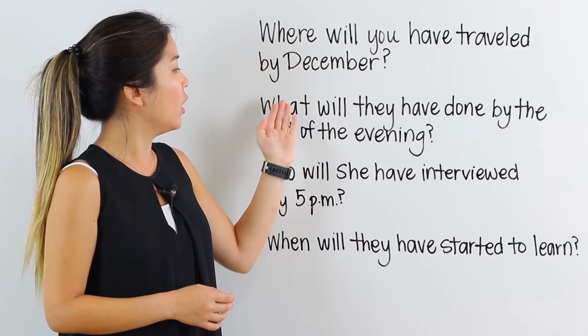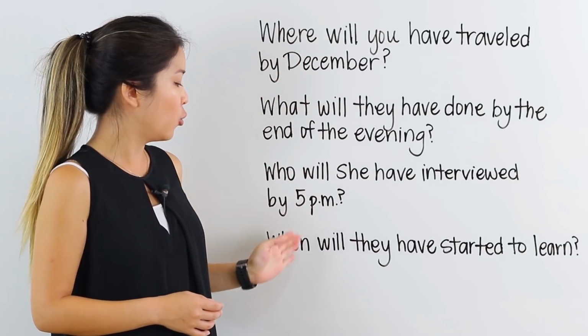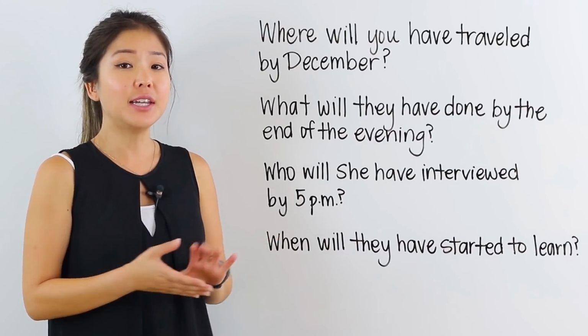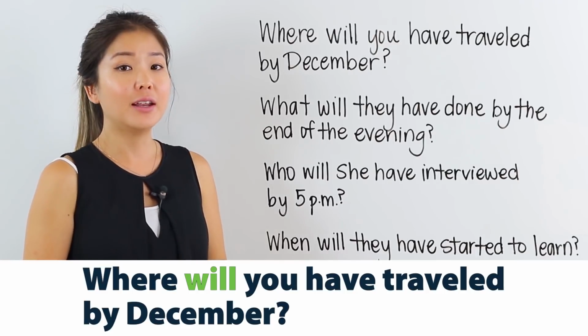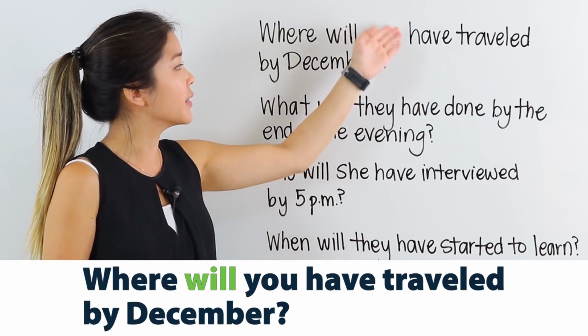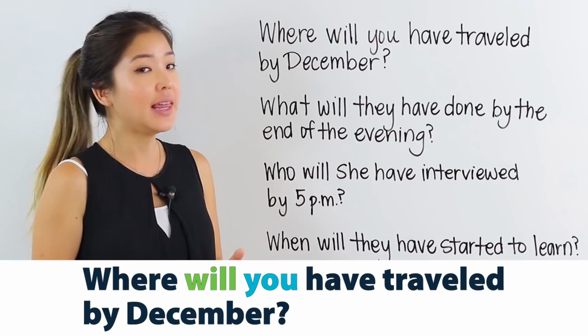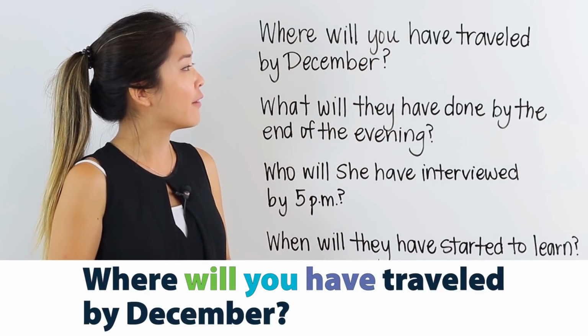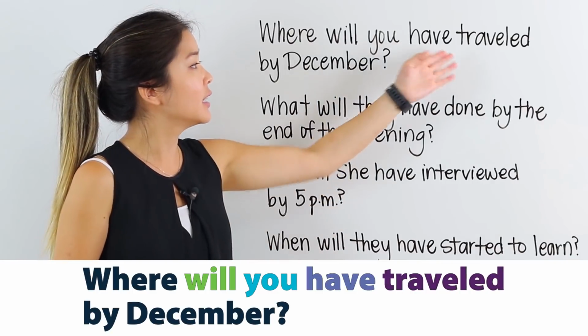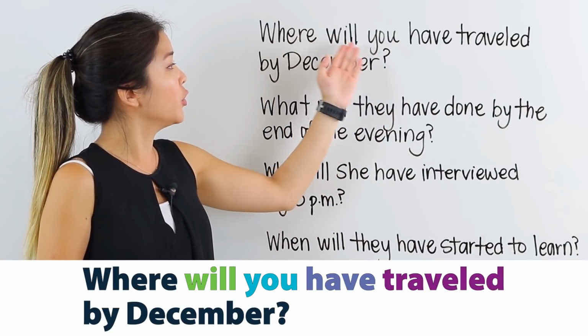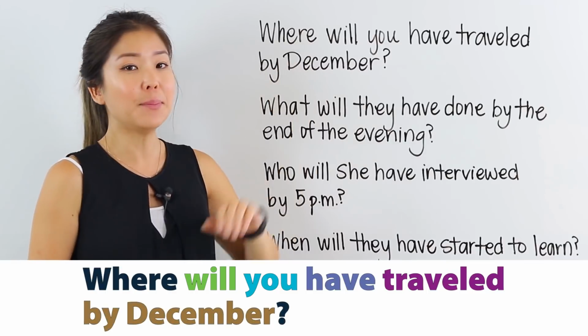Where will, what will, who will, and when will. So, let's take a look at the first question. Where will? Then you add the subject, in this case, you. And then have, and after that, the past participle of the verb. In this case, it's traveled. Where will you have traveled by December?